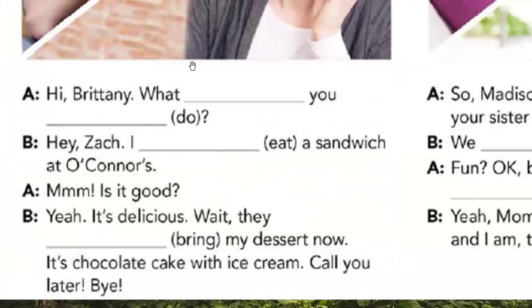Remember that we are using present continuous, the structure that has two elements. So try to solve it mentally, or if you want to take notes, it's okay. If you are ready before 2 minutes, let me know, please.